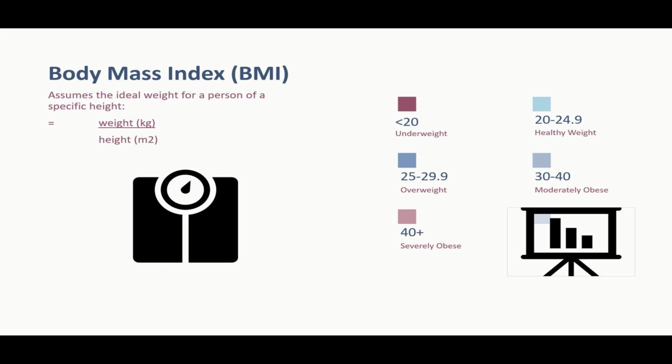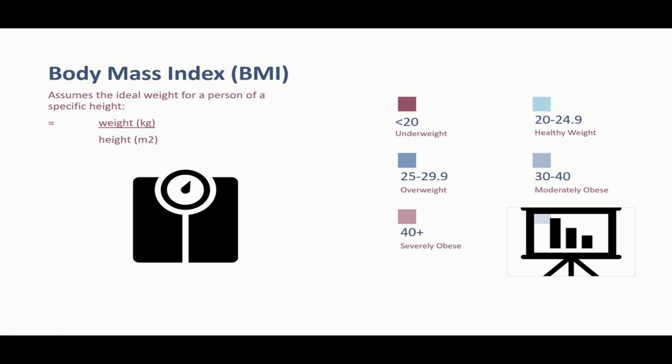It's assuming that given the height that we are, we should be within a particular weight range. But of course, this doesn't take into account, for example, somebody that has a large frame due to muscle mass. Somebody could be considered moderately obese or even severely obese if they carry a lot of muscle, because it doesn't distinguish between what type of mass makes up our total body weight in relation to our height.